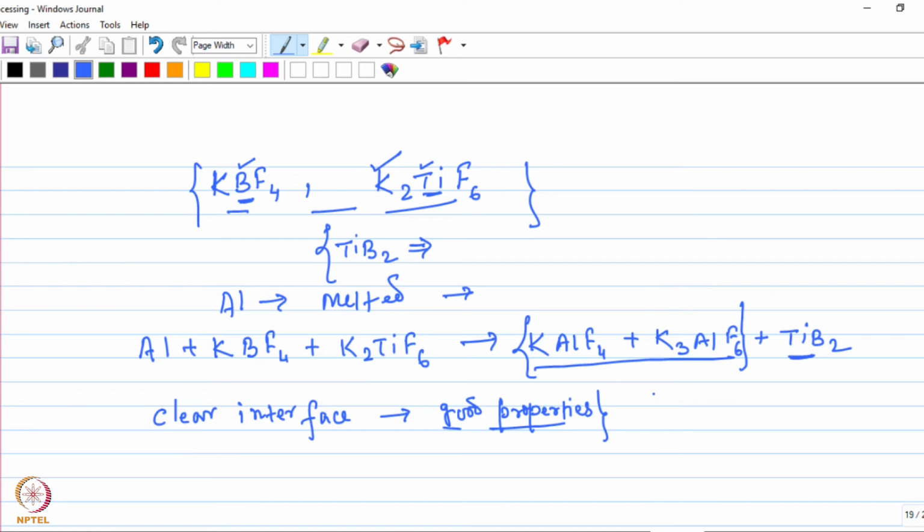So during this time, there are chances of interfacial reactions, and those kind of reactions are not good because they will form some reaction product along the interface and will deteriorate the properties. But in this case, since these particles are forming in situ, there is no possibility of forming interfacial reaction products.